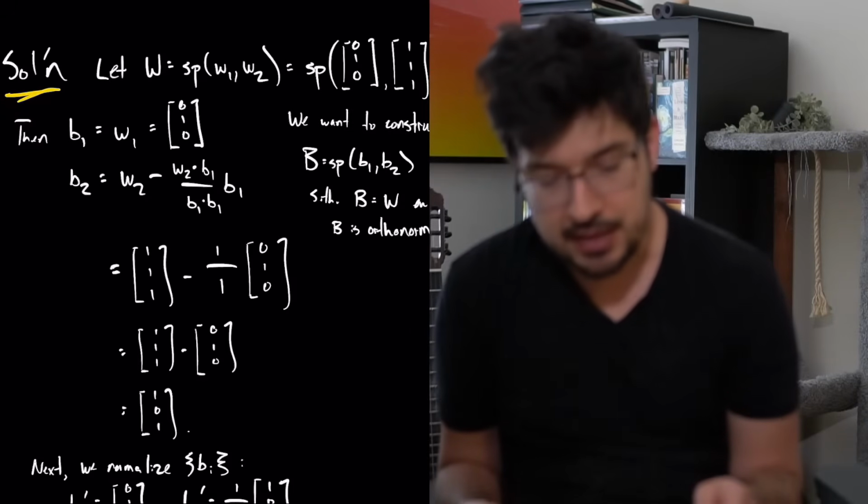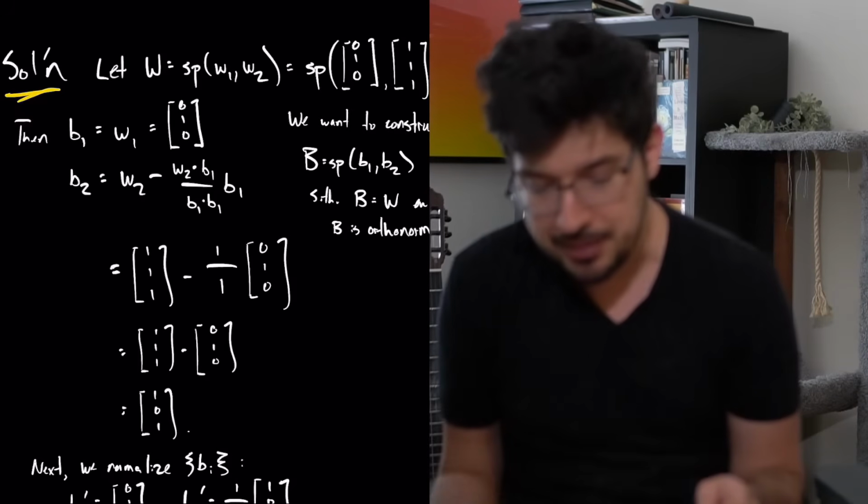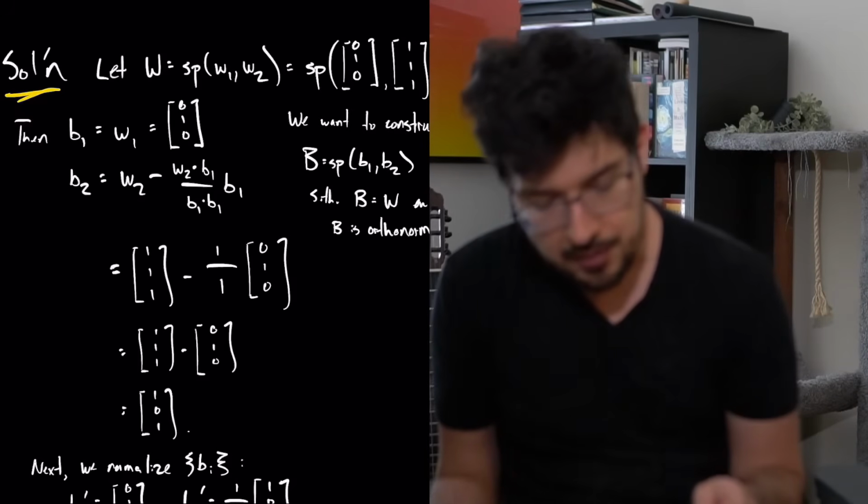One can obtain an orthonormal basis from an arbitrary basis using the Gram-Schmidt process.